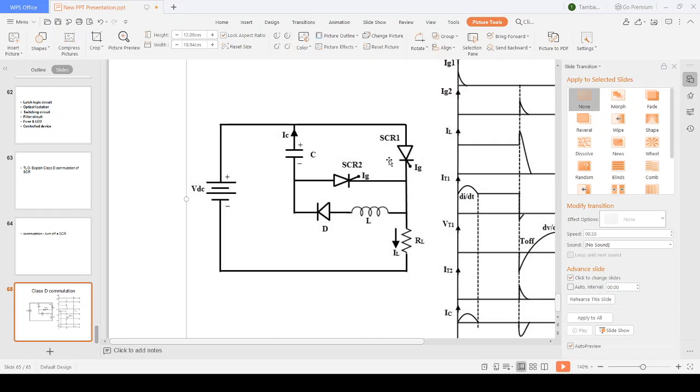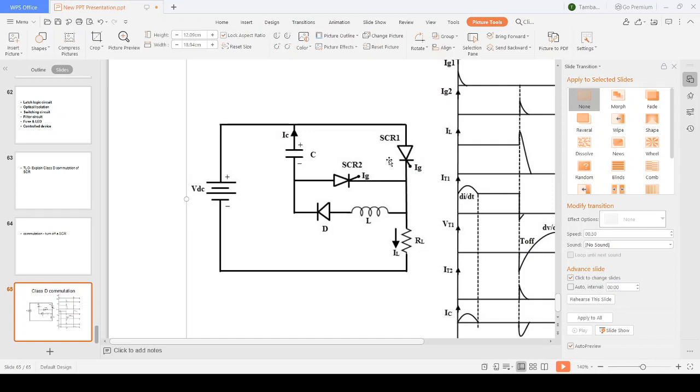Voltage on the capacitor increases toward 0 first and then toward the positive maximum. At the end of this mode, the voltage across the capacitor is positive, and SCR2 is turned off as the current through it goes to 0.